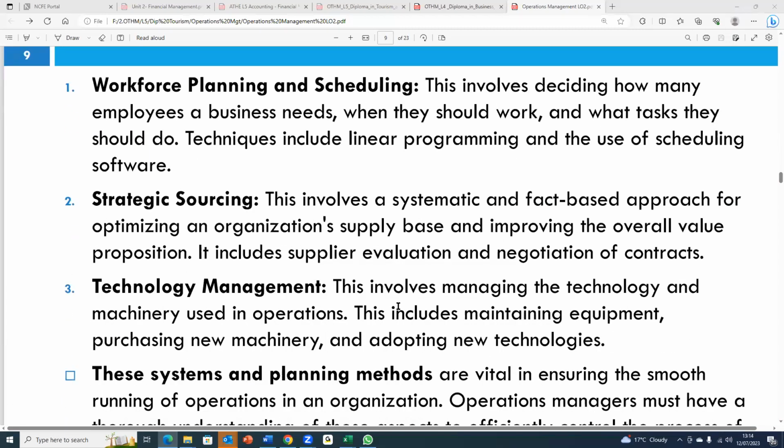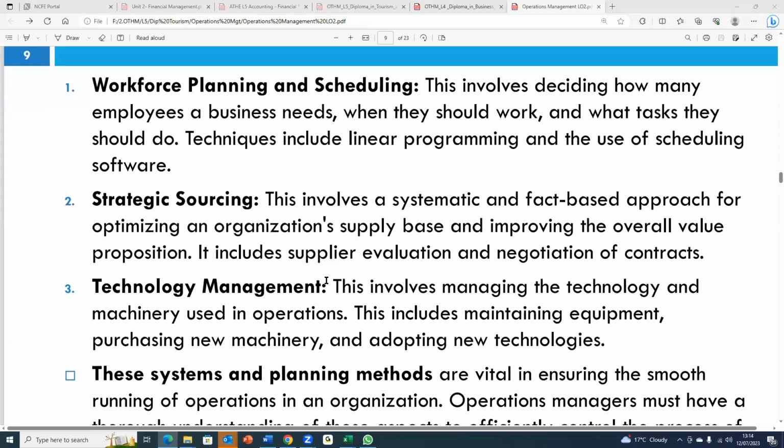Workforce planning, you can use workforce planning. You can use, for example, linear programming or scheduling, using the software for manpower planning, workforce schedules. You can use strategic sourcing, for example. Strategic sourcing involves a system and it's a fact-based approach for optimizing an organization's supply base and improving the overall value proposition.